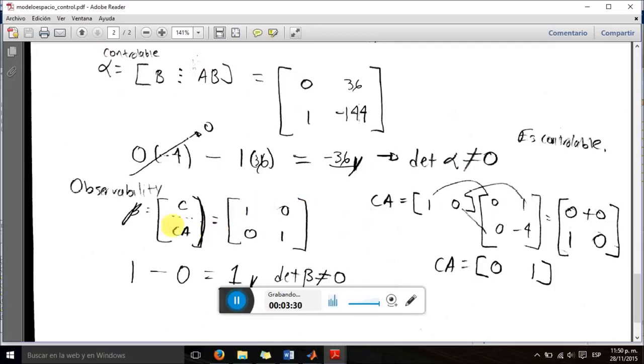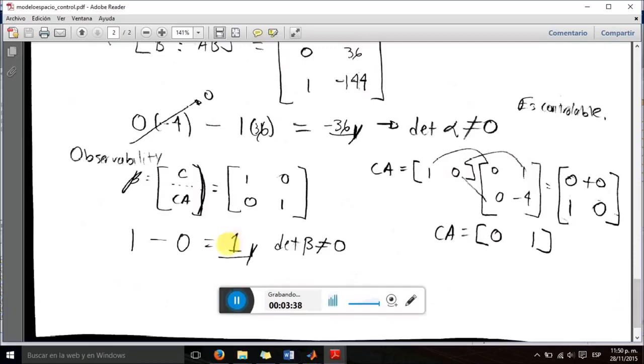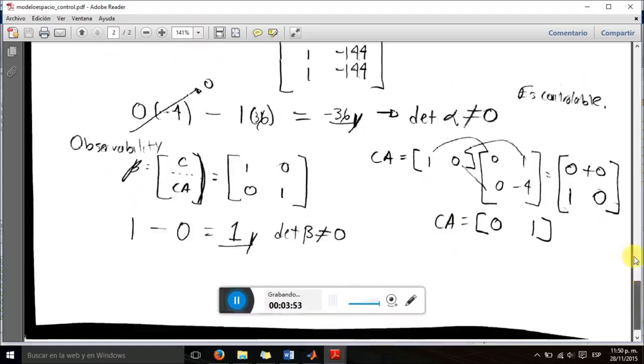So we just perform once the multiplication of C times A. Okay, so we obtain that the determinant is 1, so it's different to 0, and we obtain that this system is observable, and the rank is equal to 2.